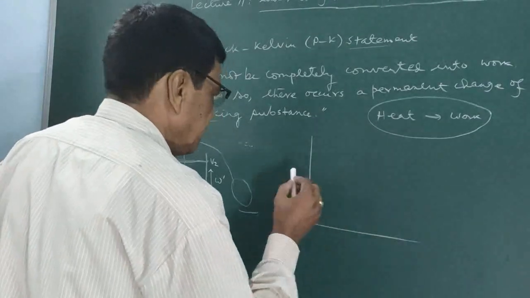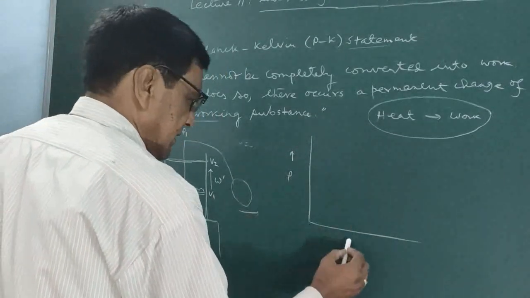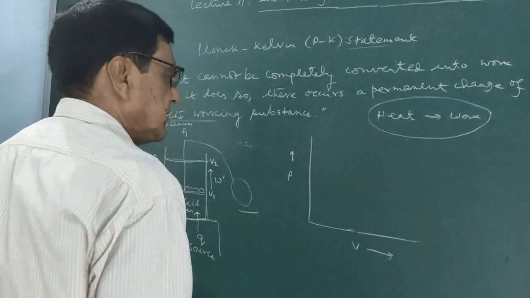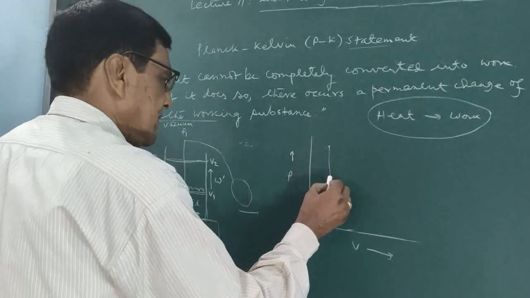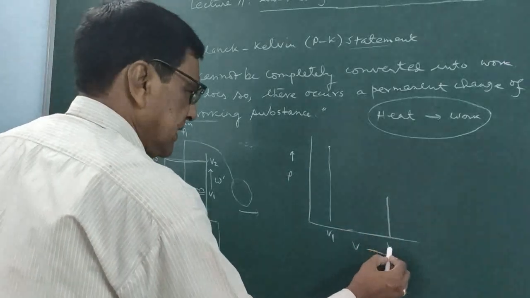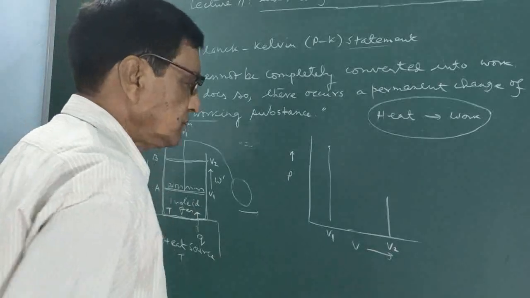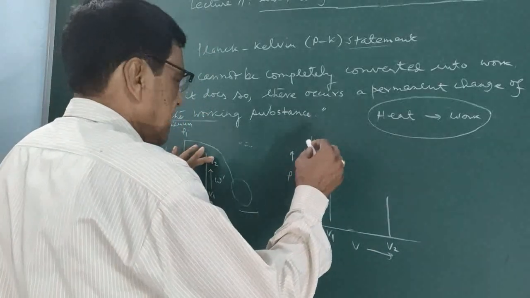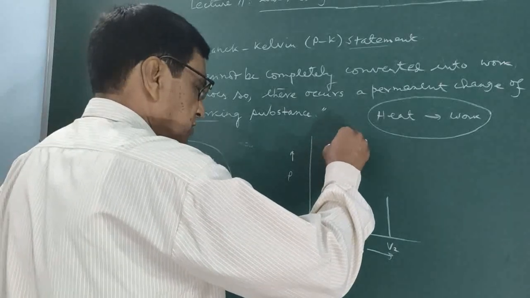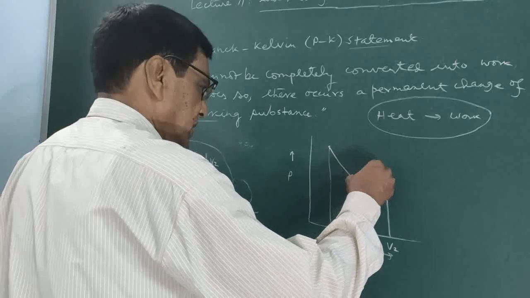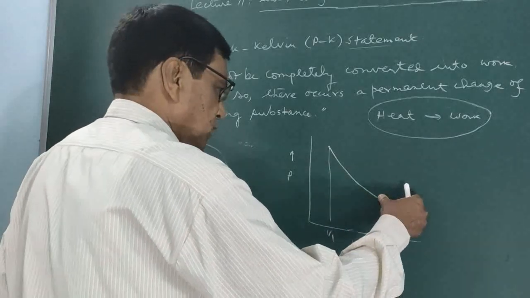Suppose this is P and this is V, pressure-volume work, and this is the initial state V1, and this is the final state V2. Whenever the forward process is reversible, the temperature is fixed, a constant, so this will be the rectangular hyperbola.